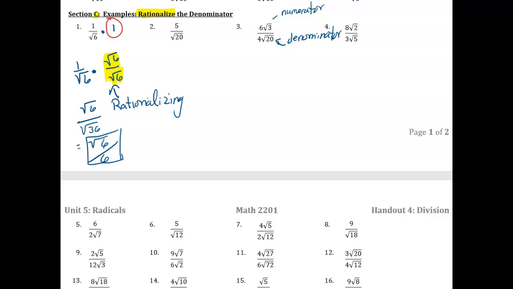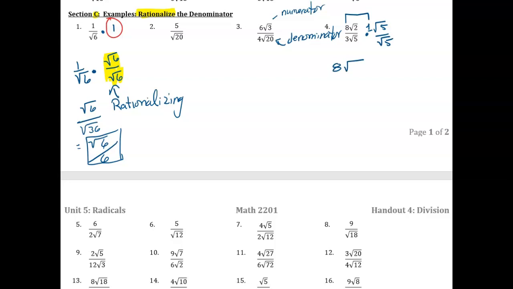All right, let's look at number 4. So 8 root 2 over 3 root 5. 8 and 3 can't divide, 2 and 5 can't divide. So to rationalize, you take the root in the denominator and you make a fraction out of it. From the multiplication section, we know that coefficients multiply. So you have 8 times 1, which is 8.